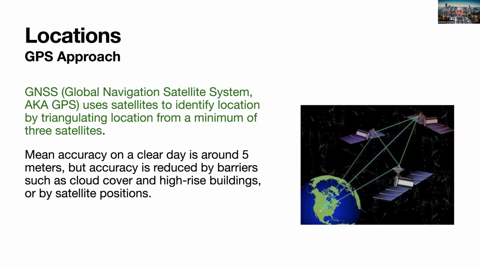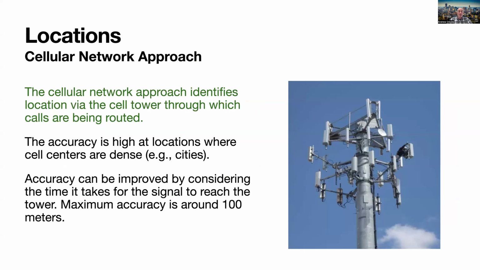But the accuracy of GPS tends to be around about 5 meters. But barriers such as urban canyons, high-rise buildings, reflection of objects and things like that, or the positions of the satellites and how many satellites you can see, will impact those types of things. But yet GPS is one way of defining location.